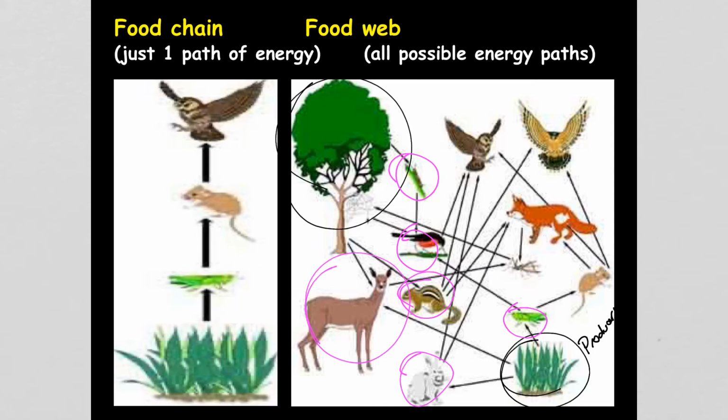And then secondary consumers. This guy could be a secondary consumer or a tertiary consumer. So anyway, you get the gist of it. You can work through and look at it and identify the different parts and trophic levels that way as well.